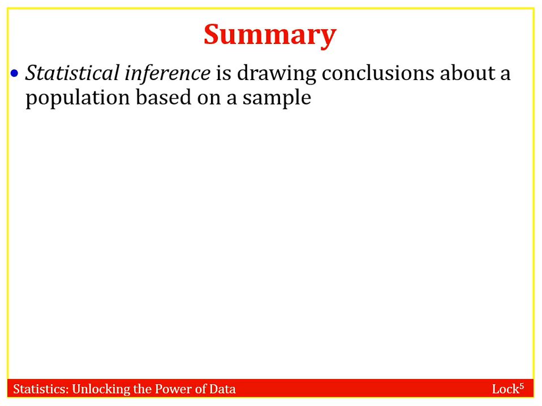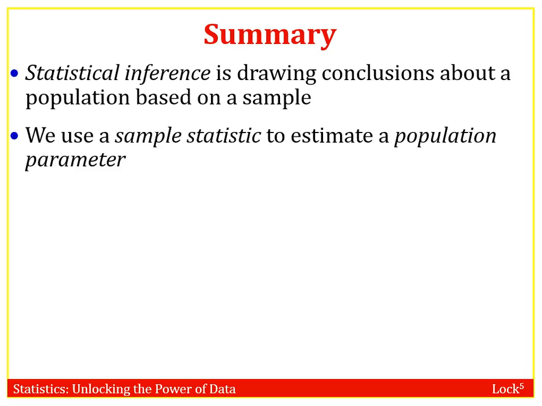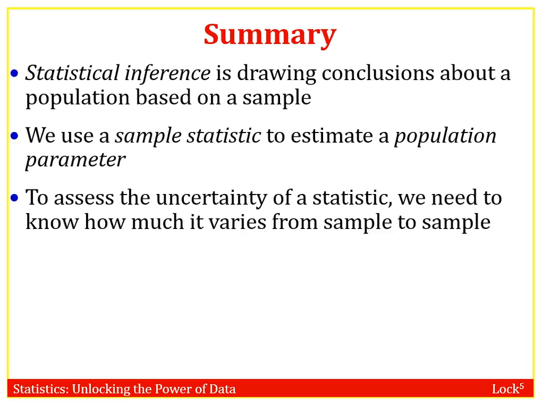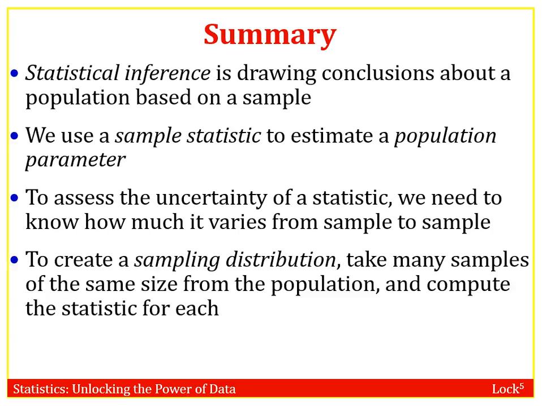Statistical inference is drawing conclusions about your population based on your sample. We use our sample statistics to estimate our population parameter. The uncertainty of our statistic is our standard error. That's how much it varies from sample to sample. And we use this to create our sampling distribution.